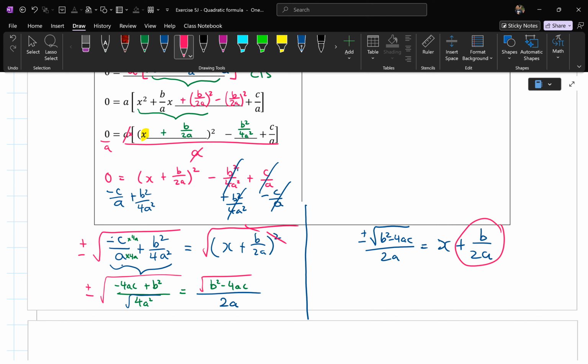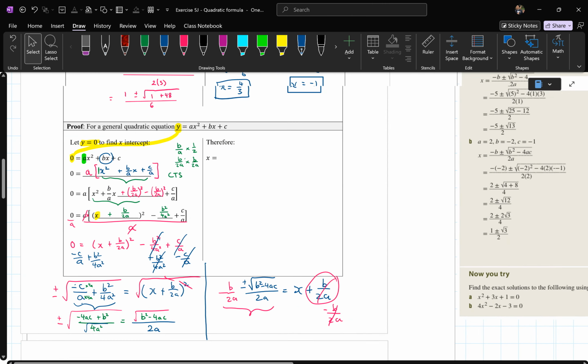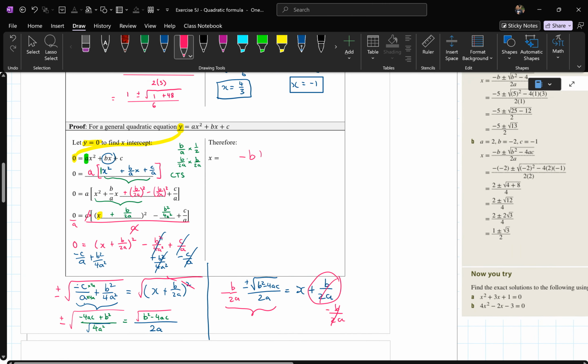How do you get rid of plus b on 2a? Minus. Minus b on 2a. But since they both have the same denominators, you can combine them together. And that's how you get x is equal to negative b plus minus square root b squared minus 4ac all over 2a.